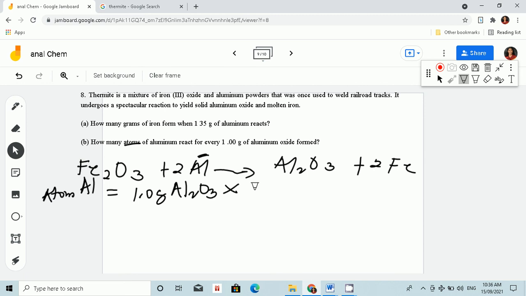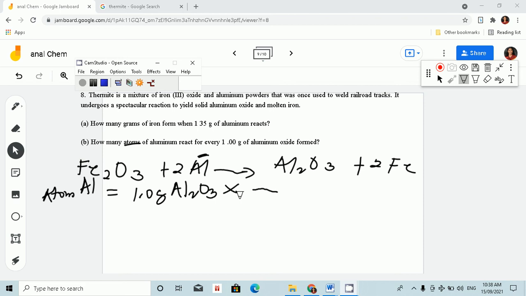So we have 101.96 grams of aluminum oxide, Al2O3, per mole. And we are left with moles.